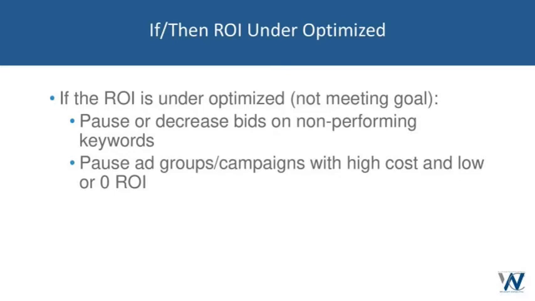It has nothing to do necessarily with my paid search account. It might just be a competition. So I might pause some ad groups in there or the whole campaign, particularly if it has a high cost and a low or a 0 ROI, for instance. So you start at the keyword level and you work your way up in order to see if you can optimize, and if you can't, you ultimately might just have to shut down that particular advertising.